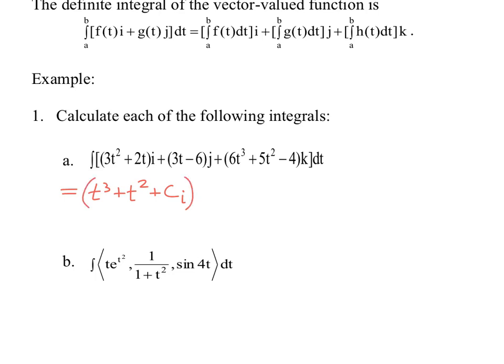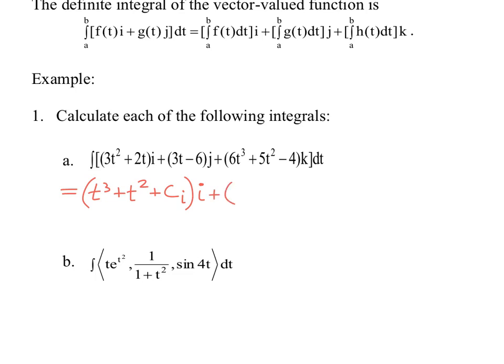Most people, I think, are more likely to go C sub i to keep it consistent with the notation. If you're in component form, then you're more likely to go 1, 2, 3 instead of i, j, k. The reason why we have to subscript it is because we're going to have 3 different constants, one for each component. They're not necessarily going to be the same, so we have to account for that.